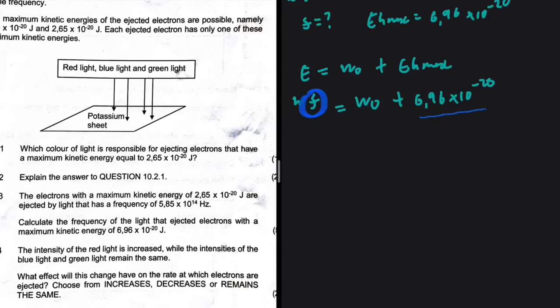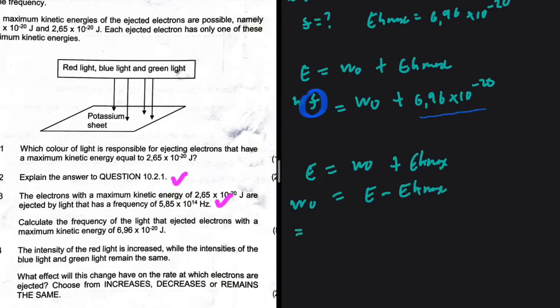Because we are given EK max and the frequency of light for one of the lights that are emitting electrons. So if we use that information, we can say the energy is equal to the work function plus EK max. We want to use this so that we can find the work function, which will be equal to the energy minus EK max.